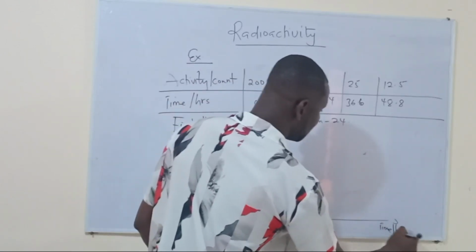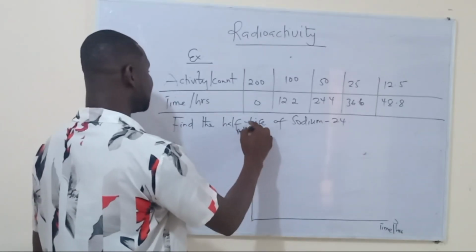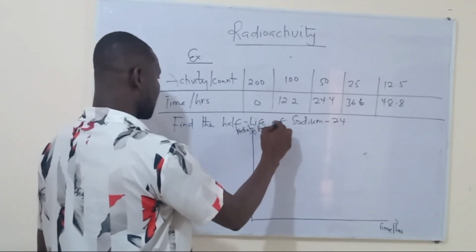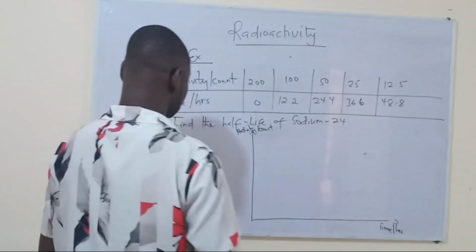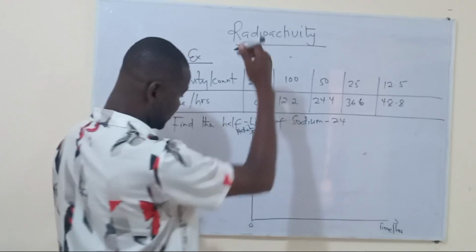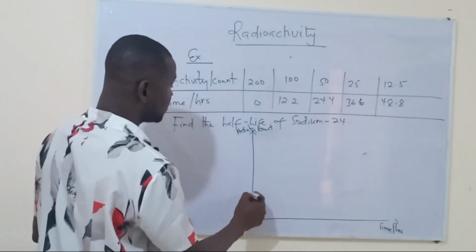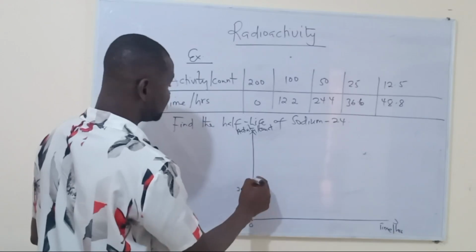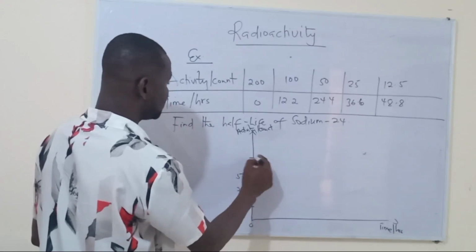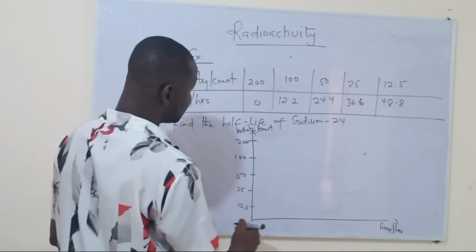Its corresponding unit is hours. On your y-axis, we have activity, count. So I have 0. I will start from the least to the top. So let's say every 2 centimeters, 12.5, 25, 50, 100, 200. The time also starts from 0.